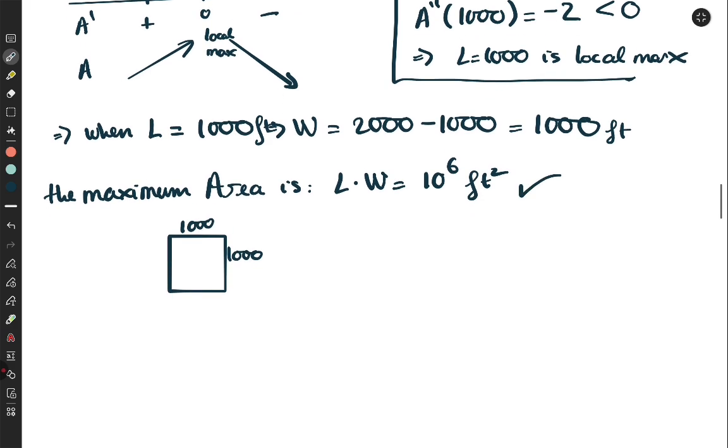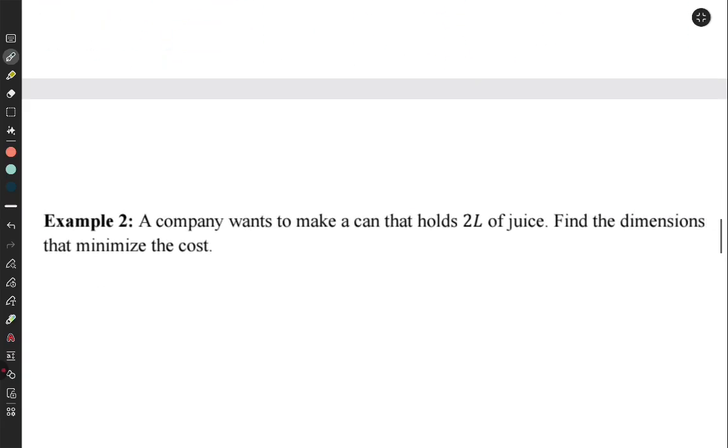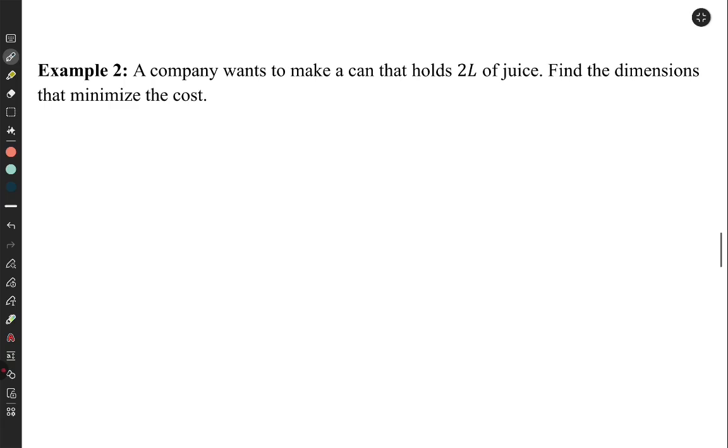That one done. Next one. A can holds 2 liters of juice. That's a little too much. I don't like the unit.